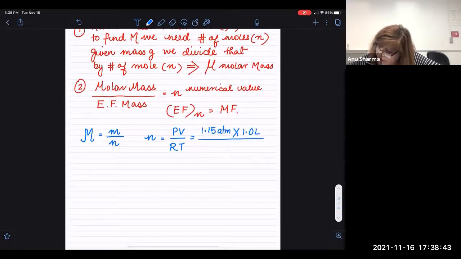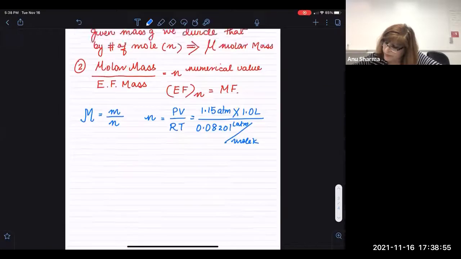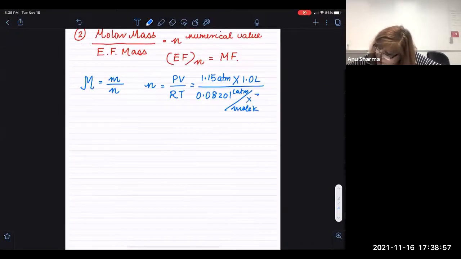Divide that by R. R is 0.08201 liter atmosphere per mole K. And then the temperature is 332.5 K.